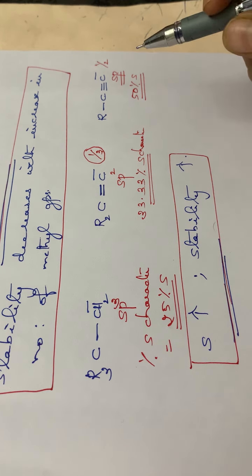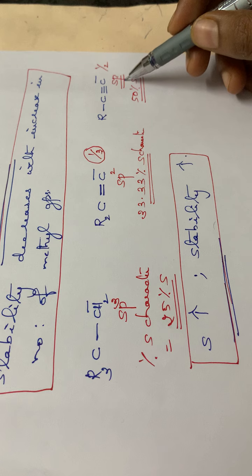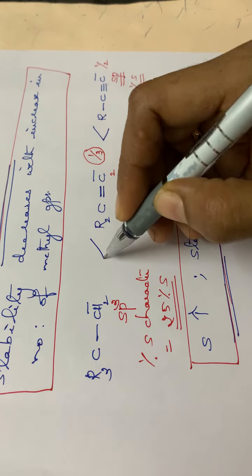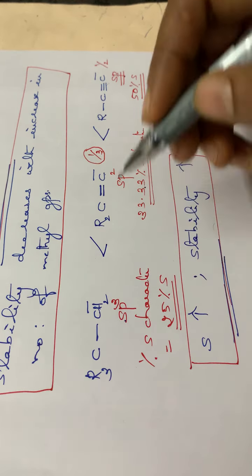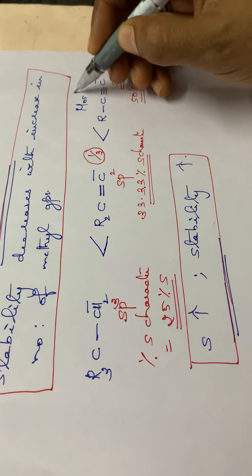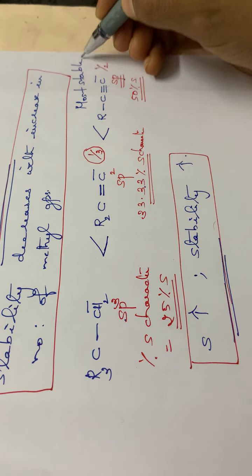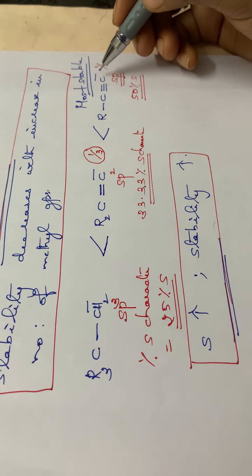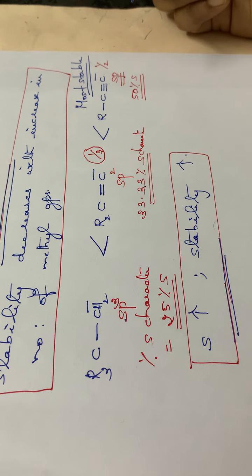S character is greater in the case of this one, so this will have the maximum stability. Then comes 33.33%, then comes 25% S character. So the most stable one will be this triple bonded carbanion, the one with 50% S character.